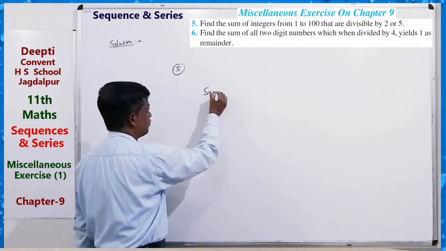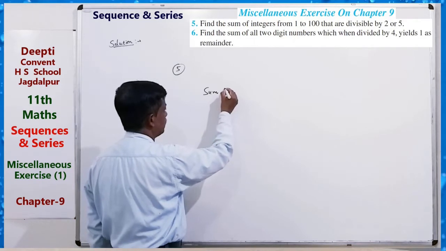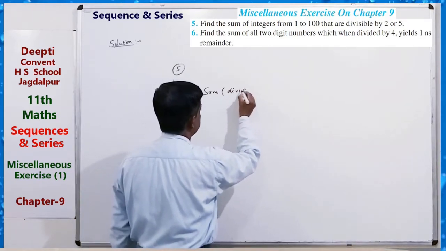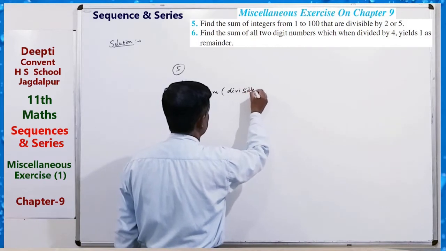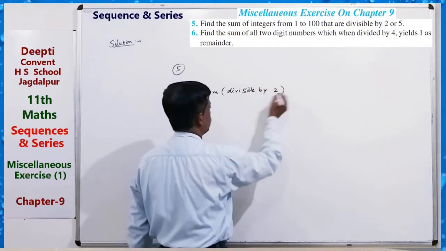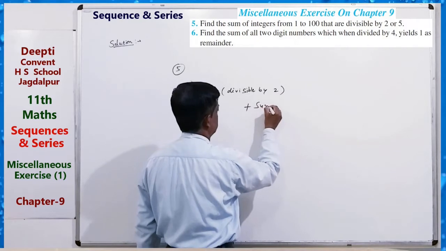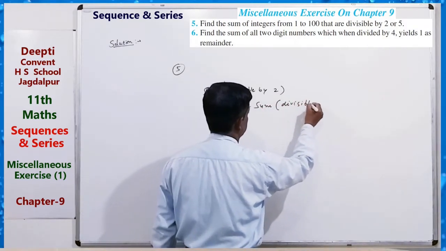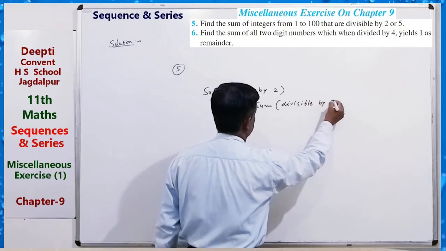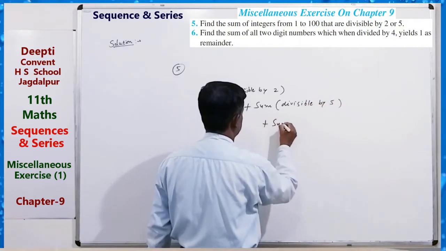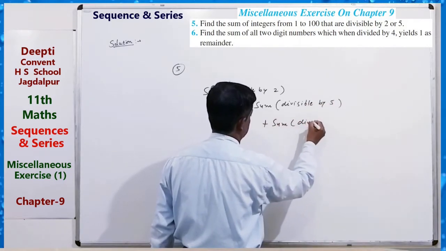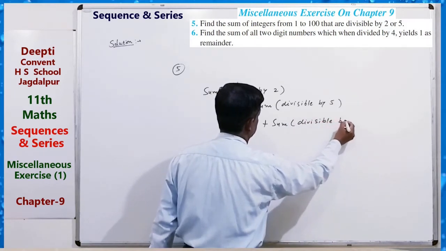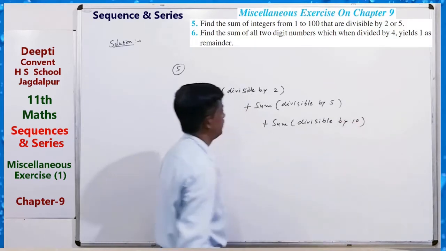Sum divisible by 2 plus sum divisible by 5 minus sum divisible by 10.